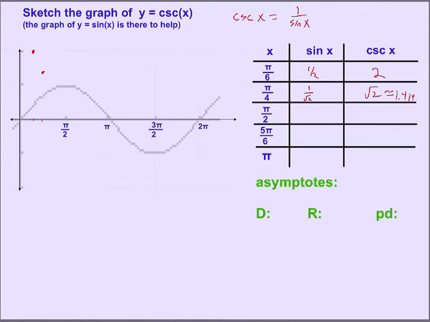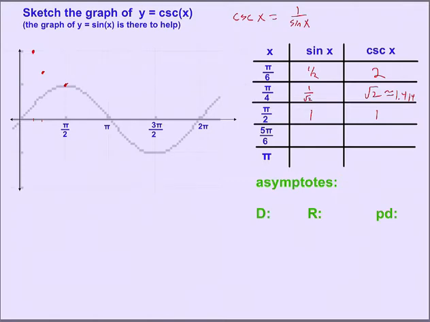The sine of pi over 2, well, we know that one is 90 degrees. The sine of 90 degrees is 1, and so the reciprocal of 1 is also 1. So at that point, the sine and cosecant are going to be at the same place. And then in the second quadrant, the sine starts going down from 1, so its reciprocal is going to start going up from 1.